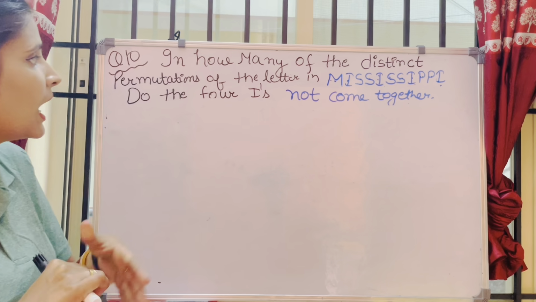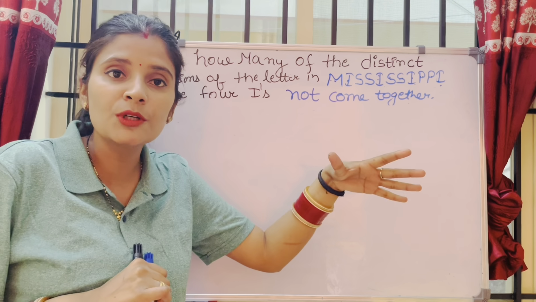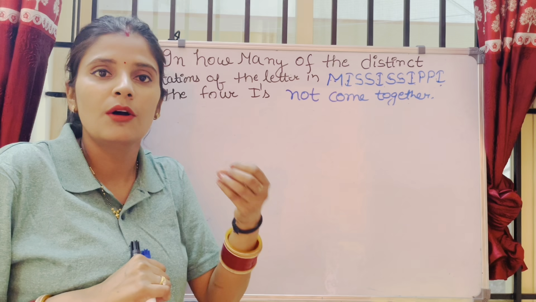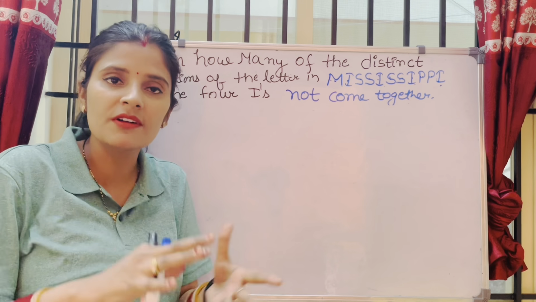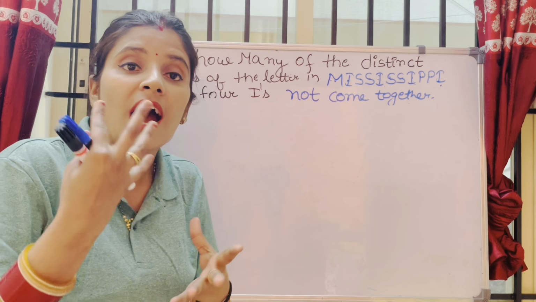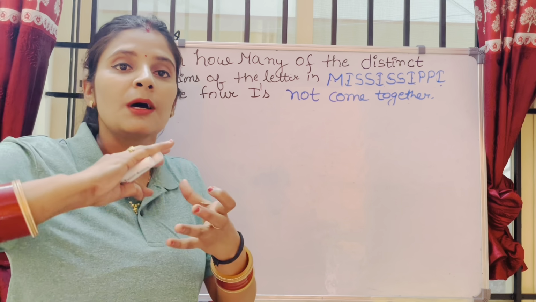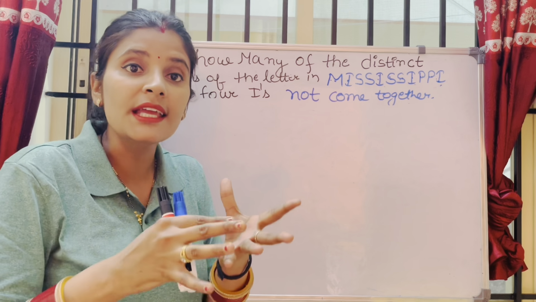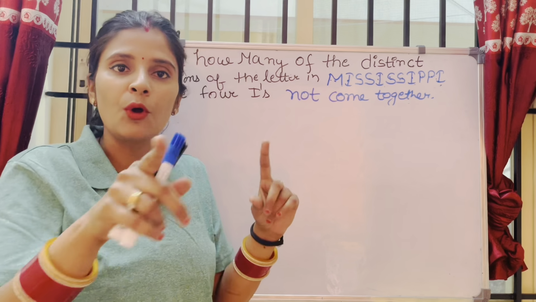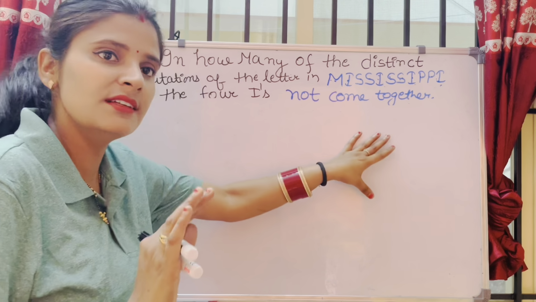But we have to calculate when 4 I's do not come together. Most of the questions we discussed were where all I's or all vowels come together, but in this question we have to find out when the 4 I's do not come together. So we have to subtract the arrangements where the 4 I's come together from the total number of arrangements.